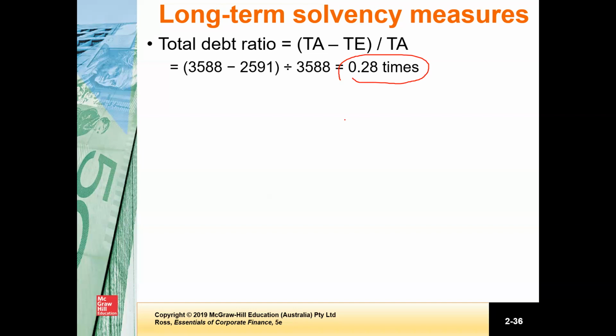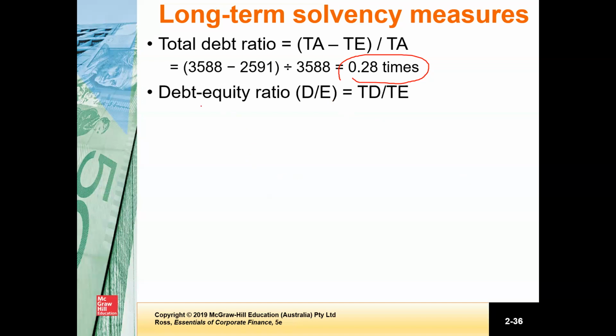Now, look, the debt ratio of a company is 0.28 times or 28%, which means that 28% of its total assets is financed by debt, okay? Or 28% of its funding is from outside creditors, okay? Now, whether this ratio is higher or lower, that's difficult to say just looking at this ratio. So we possibly can compare it with other relevant firms or an industry benchmark. We will be discussing this point in more detail later.